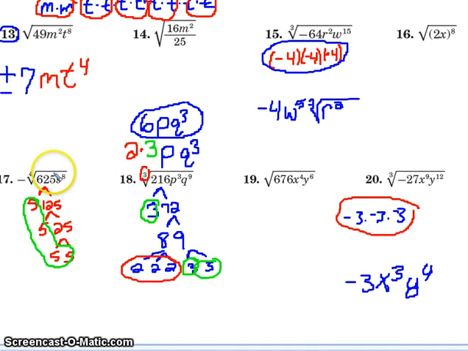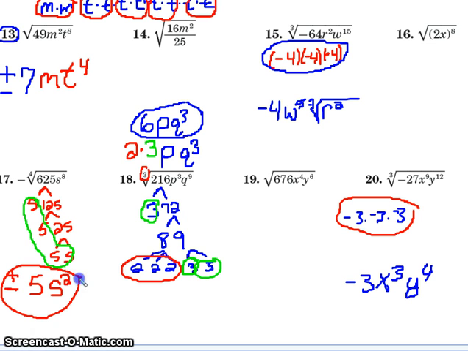Now, why would you use 5s and s's all at the same time? That's kind of crazy. So I'm going to have a negative out here, and then I technically could have a positive because it could be negative 5, negative 5, negative 5, negative 5. So I'm going to have a 5, and if I have s to the 8, how many groups of 4 do I have? Hopefully you all are screaming 2, Miss Baker, 2.